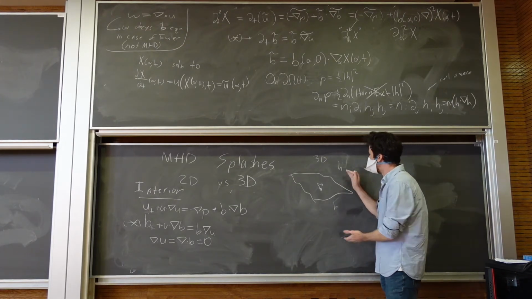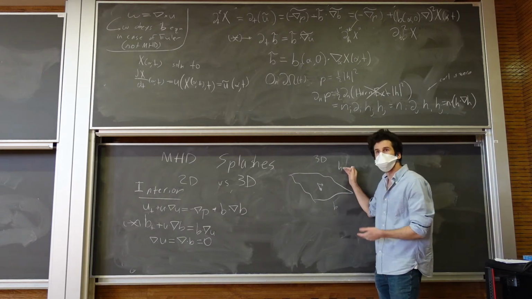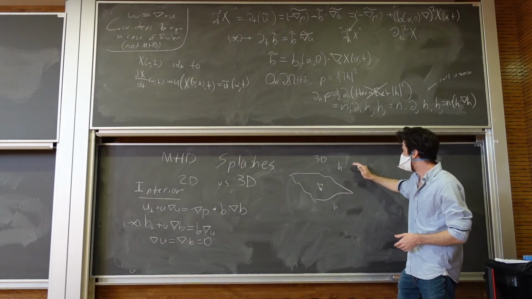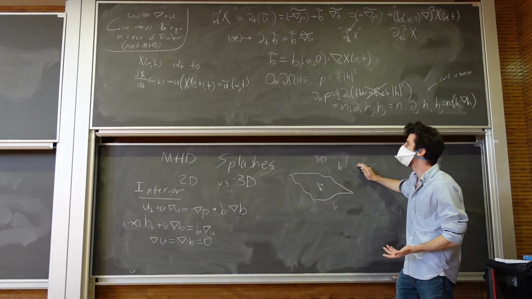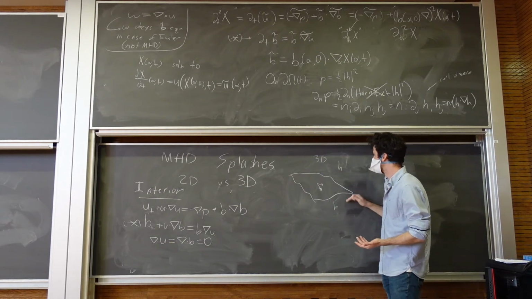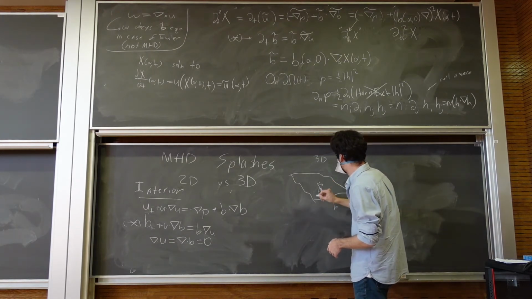But the point is that there's a jump in the direction of H when we go from the exterior. Well, there's no continuity between H and B across the boundary. But anyways, let's say this one is B, this one's H at this point.